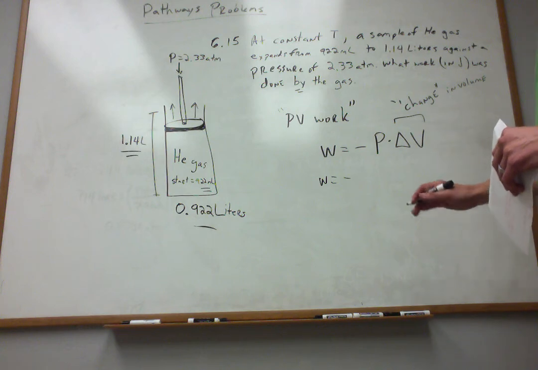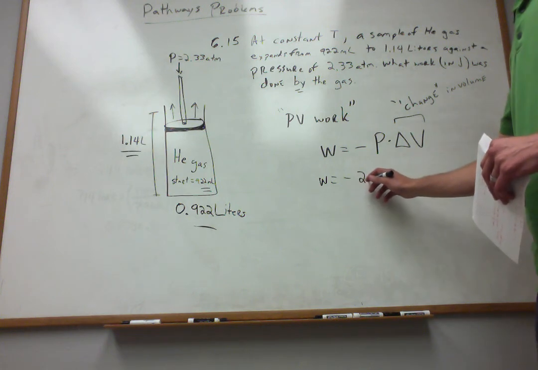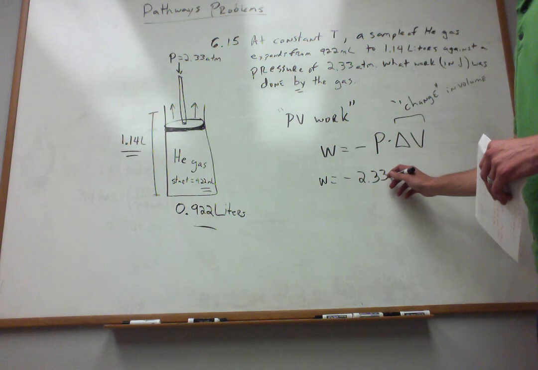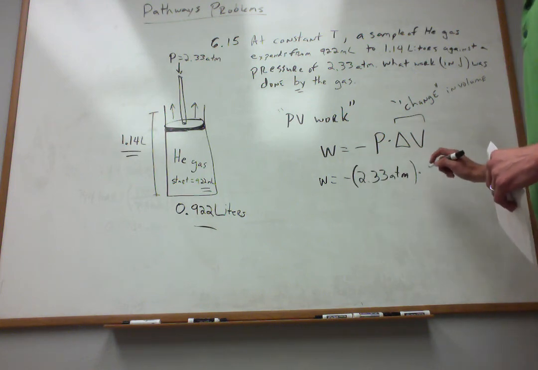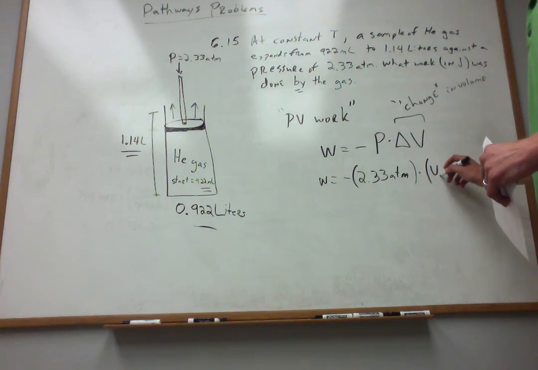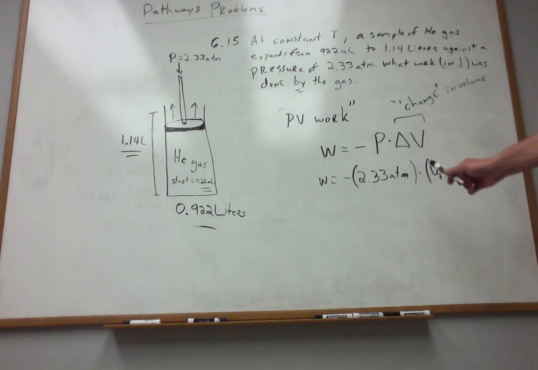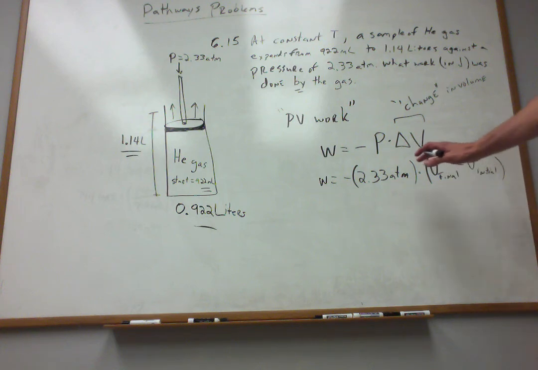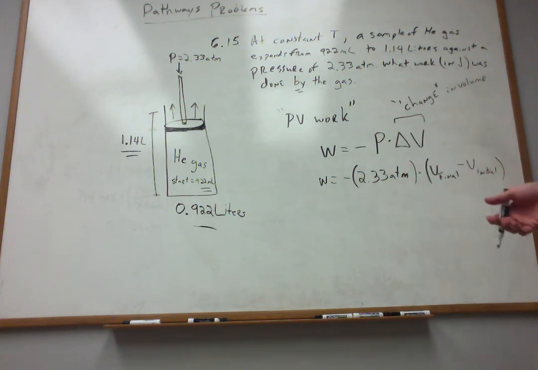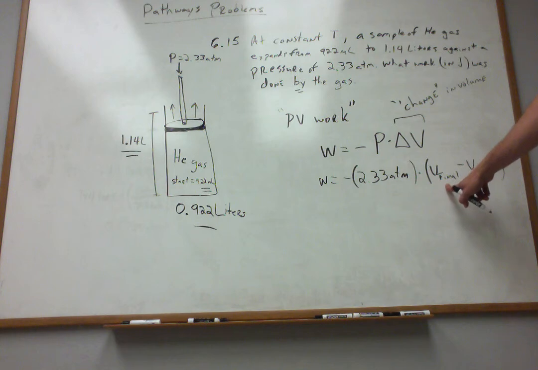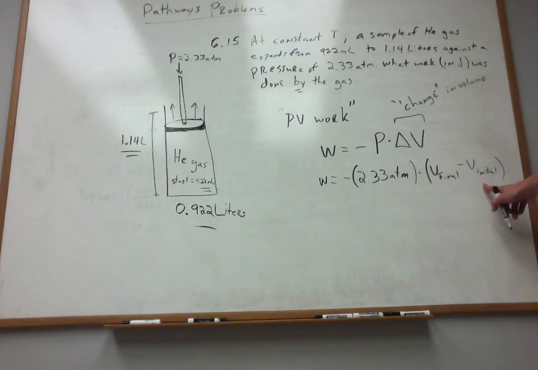So work is equal to negative P, where P is the pressure. In this case, that's 2.33 atmospheres. And I have to multiply that by my delta V term. When you're computing delta quantities, or changes in anything, what I want you to get used to is writing delta V like this: it's always the final measurement minus the initial.